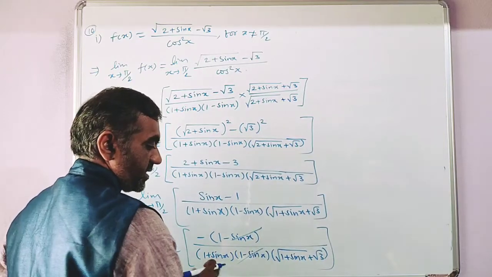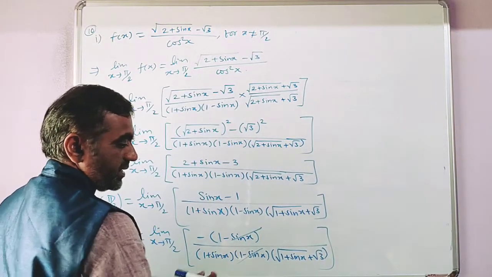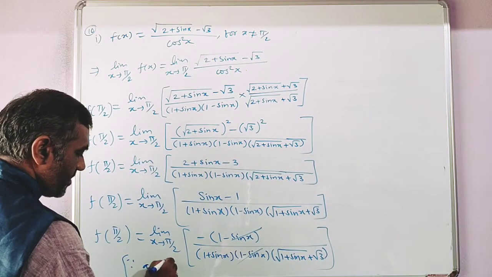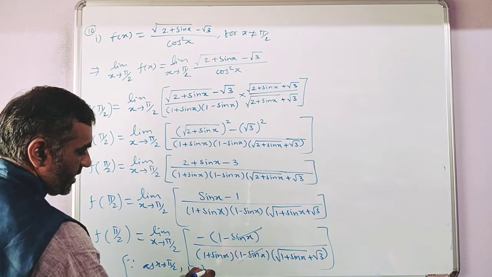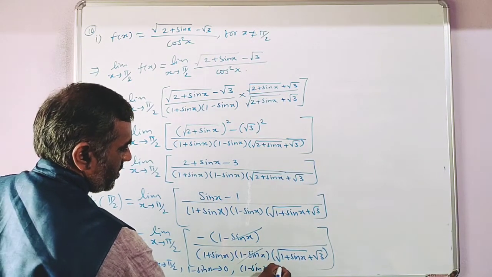You have to write down the reason for this: as x tends to pi by 2, 1 minus sin x tends to 0 whereas 1 minus sin x is not equal to 0.